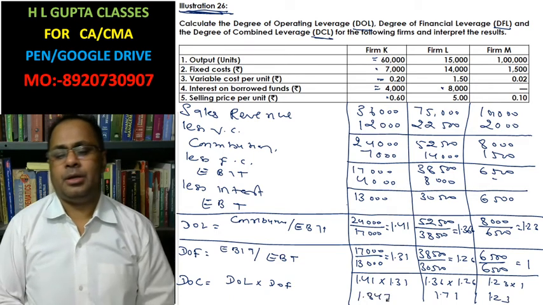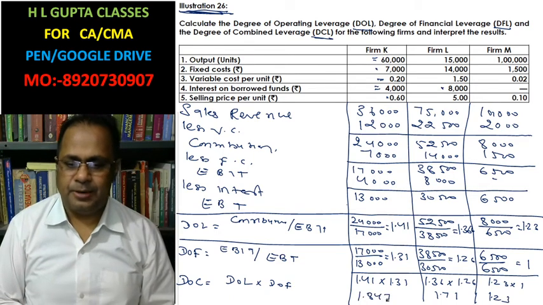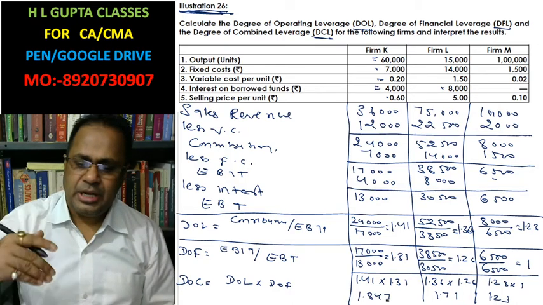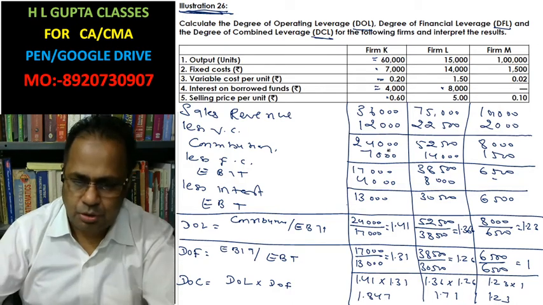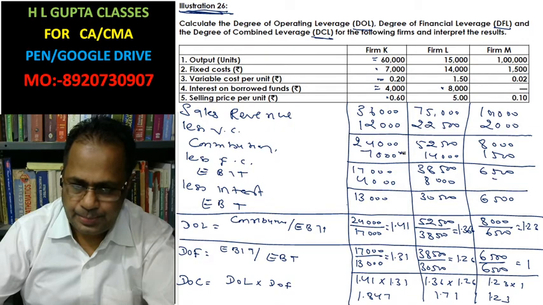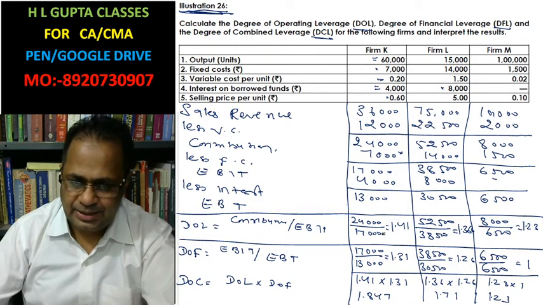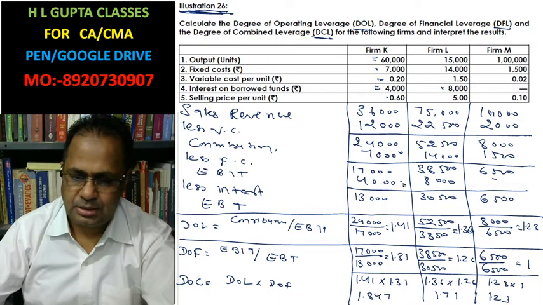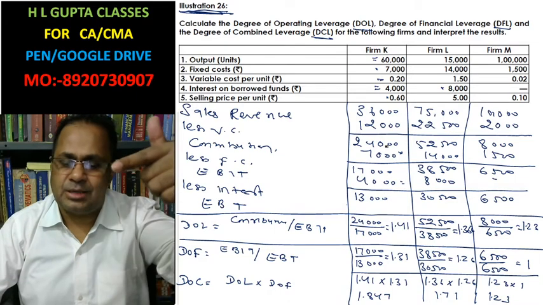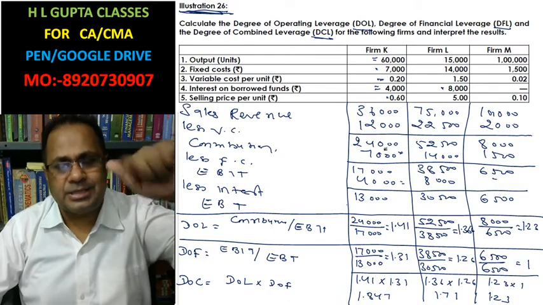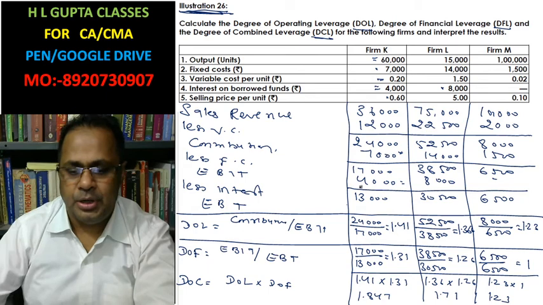In this case, the company having higher fixed cost as well as higher interest has higher leverage. Higher fixed cost increases operating leverage, higher interest increases financial leverage.